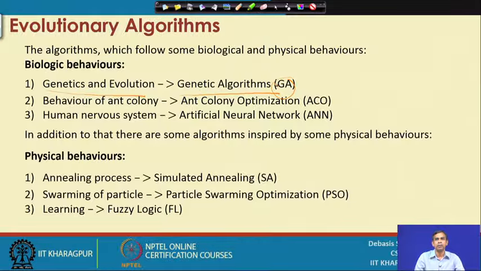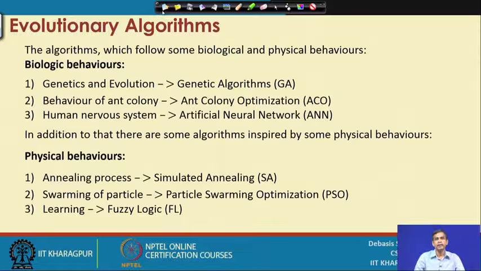It is called ant colony optimization, or ACO. Similarly, there is how our nervous system works. If we follow that concept and apply it, then we can solve many problems. This is called the artificial neural network, or ANN. So, these are the classes belonging to the biological behaviors.